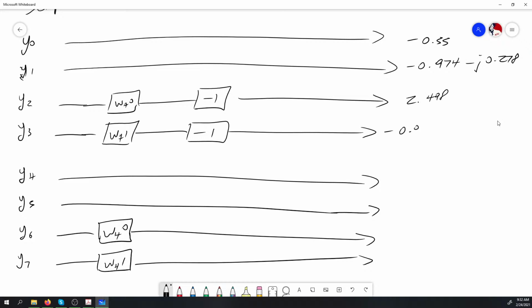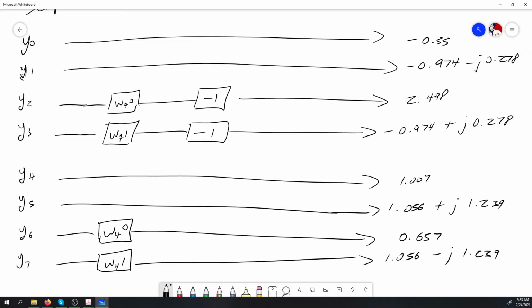This is minus 0.974 plus j into 0.28, 1.007, 0.056 plus j into 1.39, 0.657, and then 1.056 minus j into 1.239.